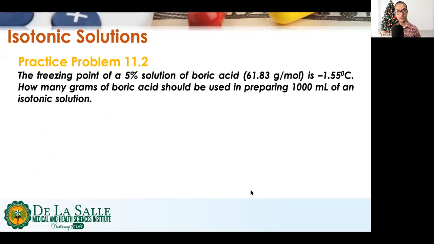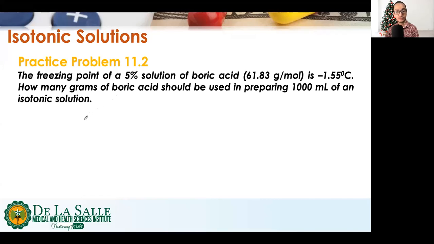And so how about this one? The freezing point of a 5% solution of boric acid, with a molecular weight of 61.83 grams per mole, is negative 1.55 degrees Celsius.